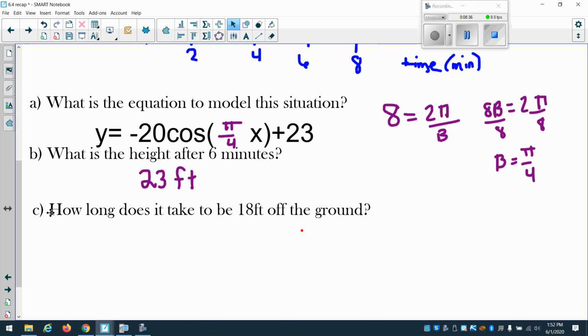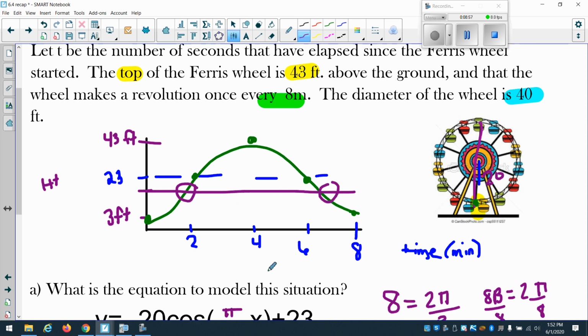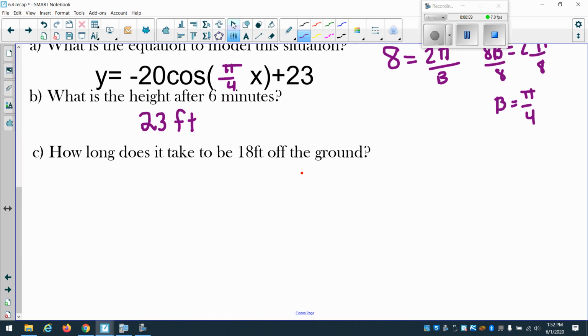So this next question, how long does it take the Ferris wheel to get to 18 feet off the ground? Now, 18 feet falls in this ballpark somewhere. So we want to see when it reaches 18 feet. Well, it's twice, on the way up and on the way down. So we need our calculator for that.